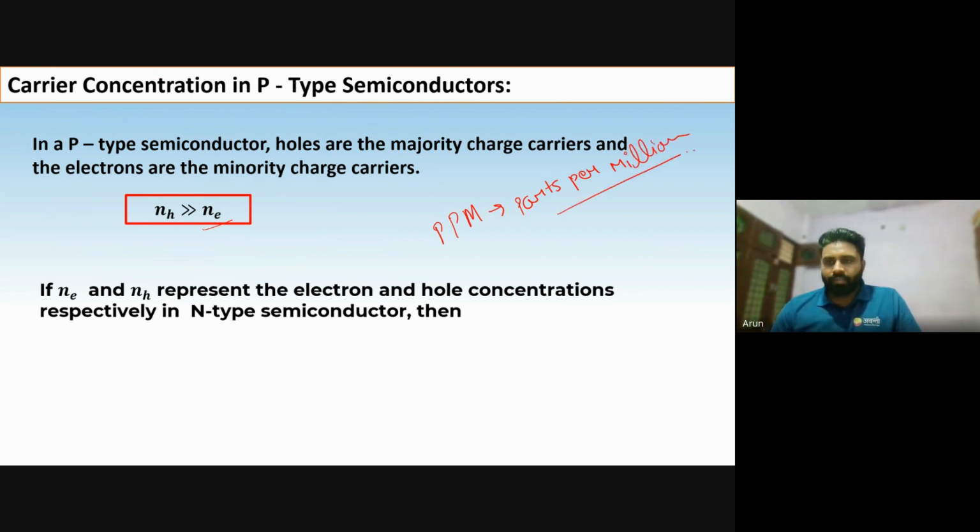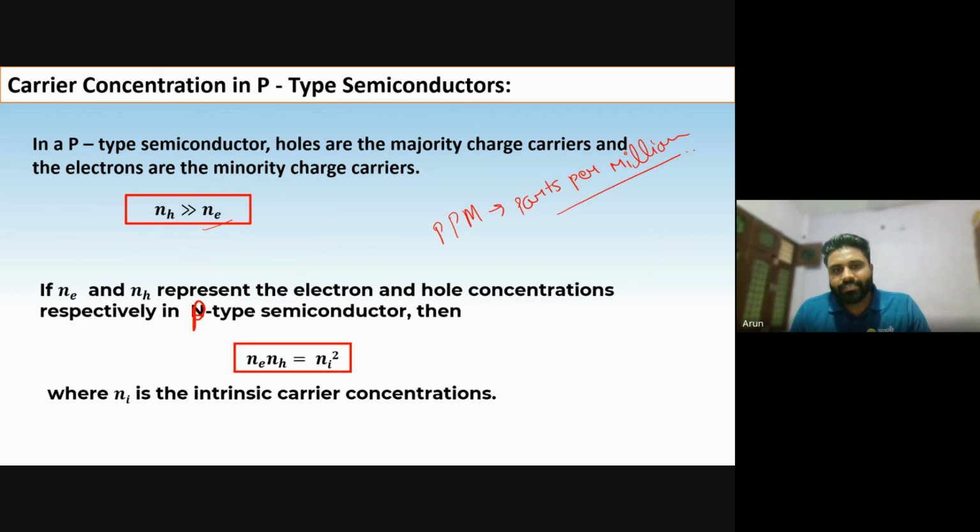For per million germanium or silicon atoms, we add these impurities. Ne and NH are the electron and hole concentrations; this is not n-type, this is p-type. So Ne times NH is equal to Ni squared, where Ni is the intrinsic carrier concentration, Ne is the electron concentration, and NH is the hole concentration.